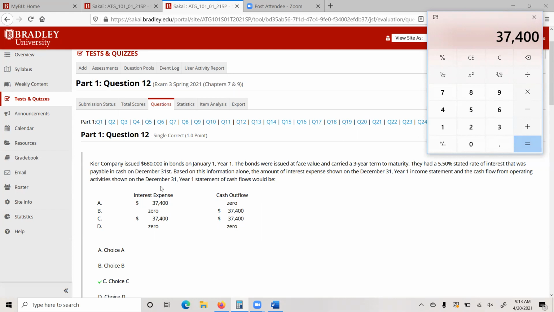So what the problem was asking us was the income statement. What is it going to show for interest expense? What will the statement of cash flows show for cash outflow from operating activities? And since interest expense is a cash outflow from operating activities, we will show something on that as well.